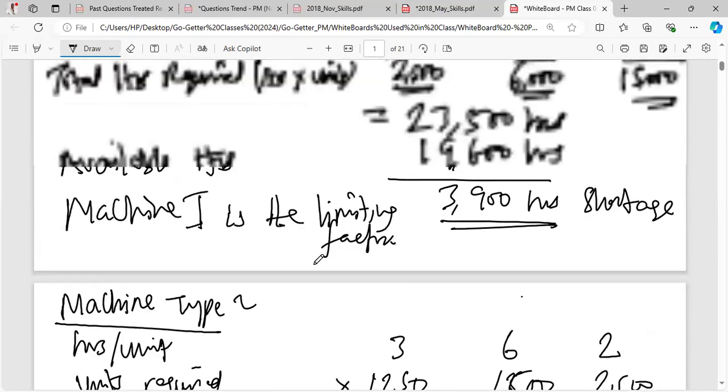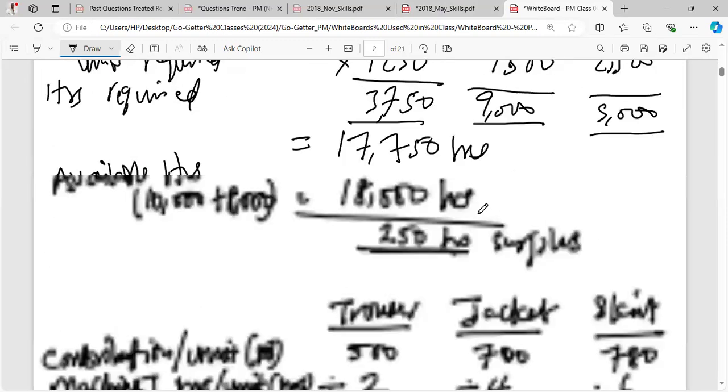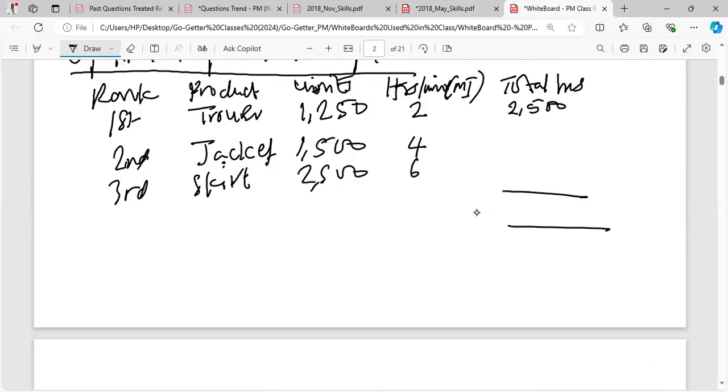What is available here is 19,600. We cannot do above this. So I'll put that here, 19,600. I've gotten 2,500 up, so that means the whole of 1,250 units can be produced.